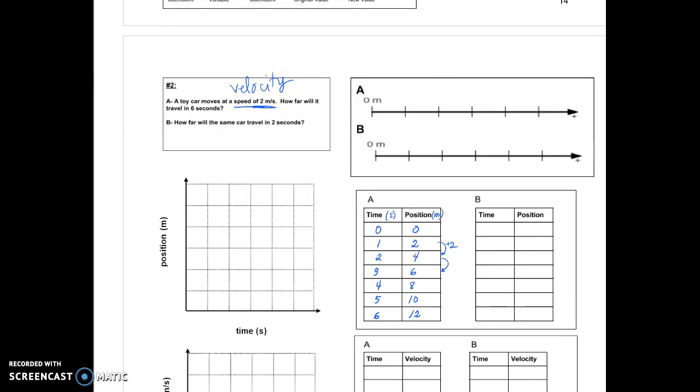And let's go ahead and make our graph. So we're going to just go by ones here because we went by ones for the time. And for the position, let's go by twos.